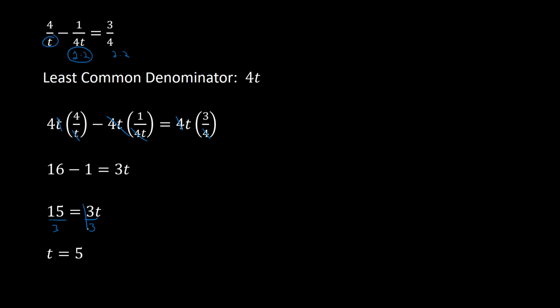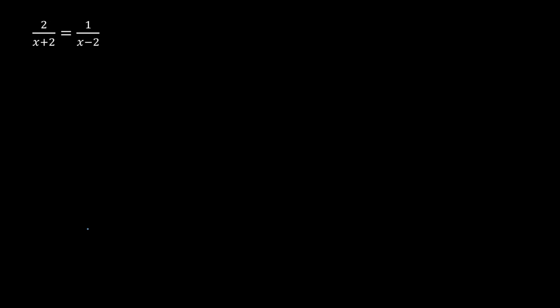So now let's increase the difficulty a little bit, where we now have not just monomials in the denominator, but now we have binomials. But still the same process, where I would like to get rid of the fraction by multiplying by the least common denominator.